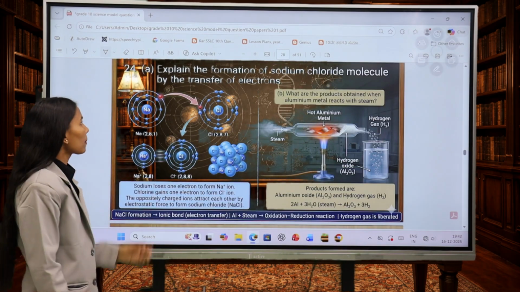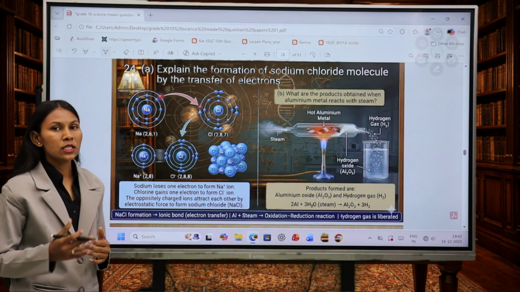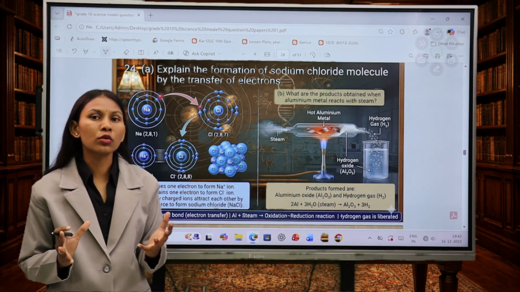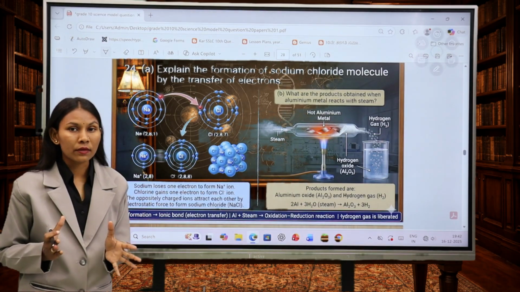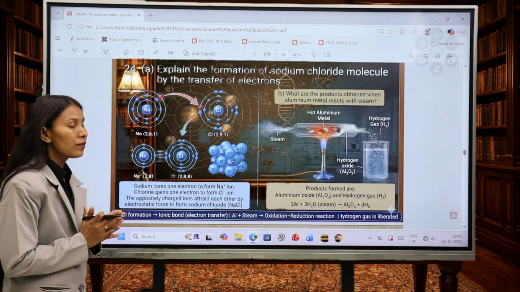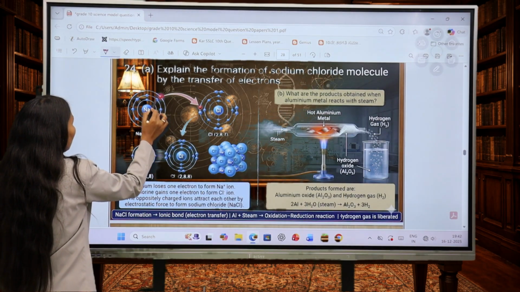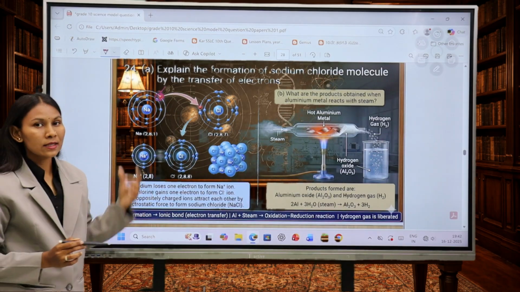24th question. Explain the formation of sodium chloride molecule by the transfer of electrons. As you all know, the atomic number of sodium is 11 and chlorine is 17. In sodium there is one extra electron in its outermost shell, so it is a valence electron.